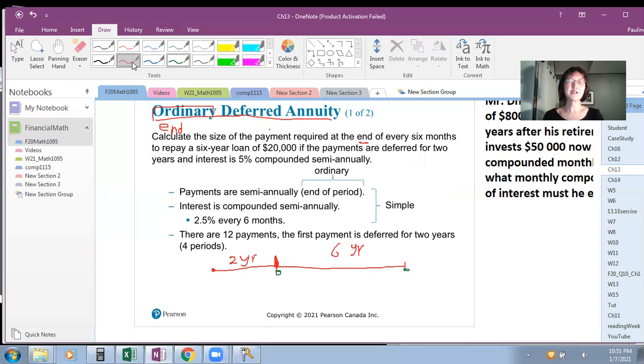So what is the question here? The question asks you, what is the size of payment? So what is the PMT for the annuity, from here to here? And the loan is 20,000. The present value 20,000 is here, so this is now our focal point.